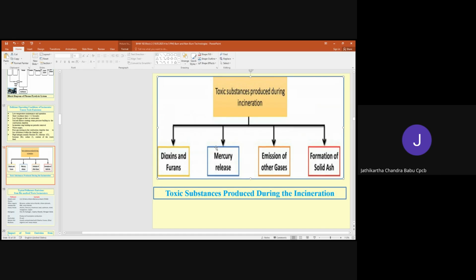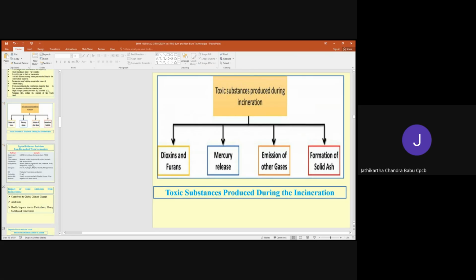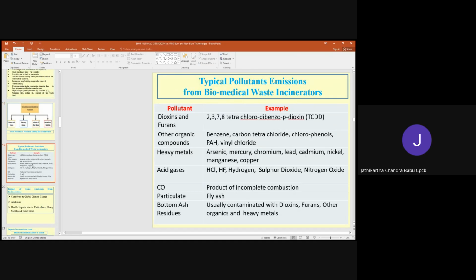Mercury may also be released, along with emissions of other gases like oxides of nitrogen, oxides of sulfur, carbon monoxide, and CO2, and ash is generated in the process of incineration. This you have to remember. Depending upon the type of pollutants or emission control systems, you are going to generate different types of pollutants like dioxins and furans and acid gases like hydrochloric acid, sulfuric acid, sulfur dioxide, nitrogen dioxide, hydrogen fluoride.